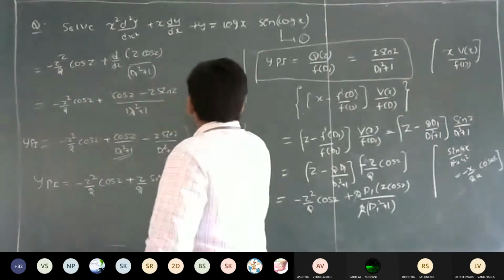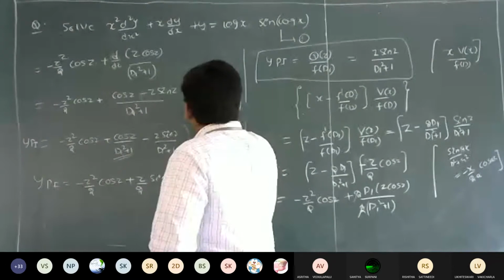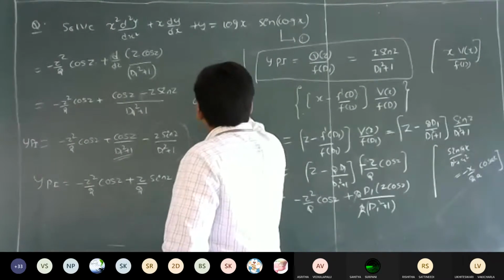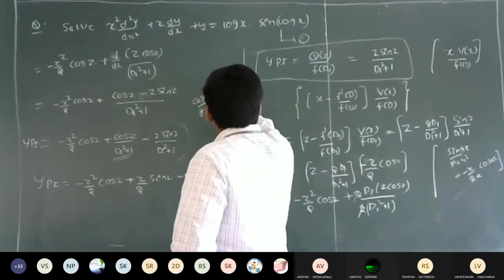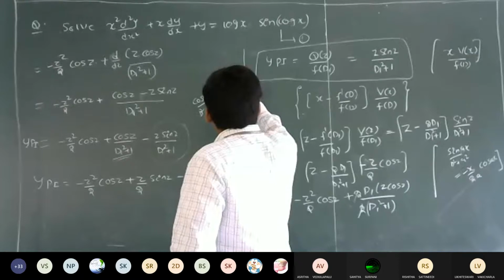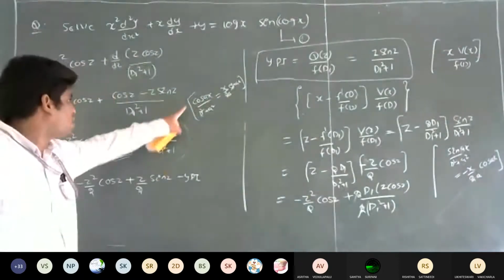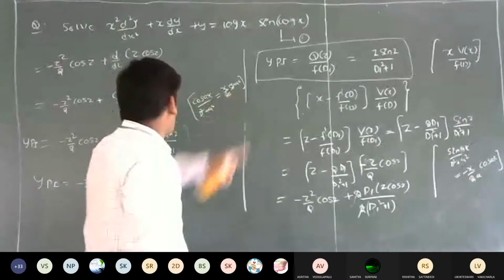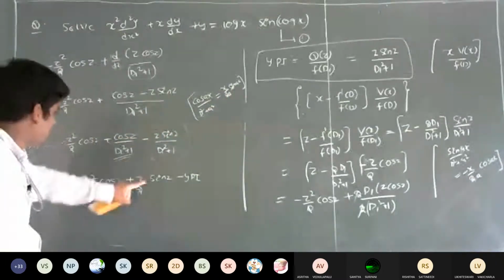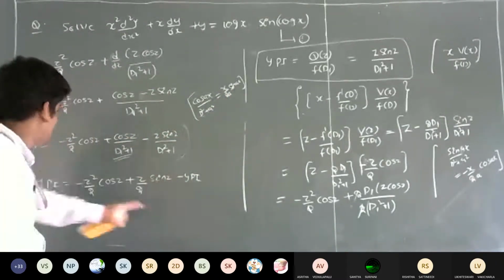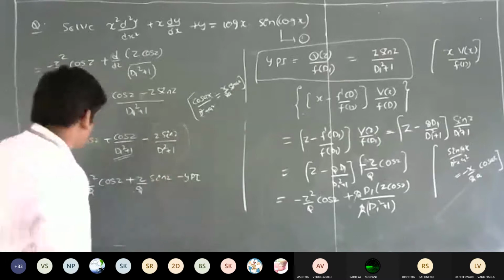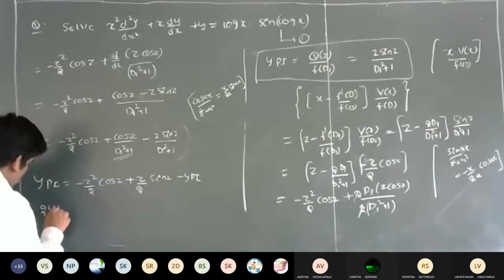Why? Because cos ax by d square plus a square is equal to x by 2a into sin ax. But here in place of a we have 1. So it becomes x by 2 into sin x. So like that here we have z by 2 into sin z. So YPA minus YPA. So it is nothing but 2 into YPA.